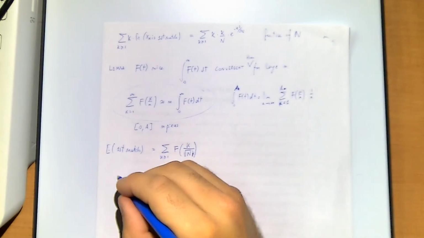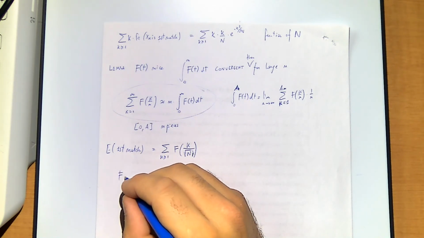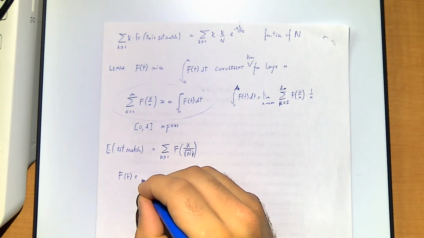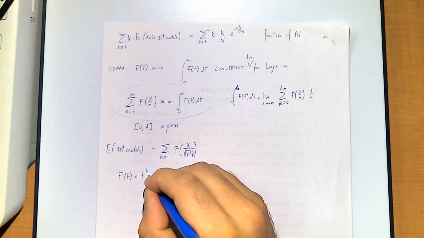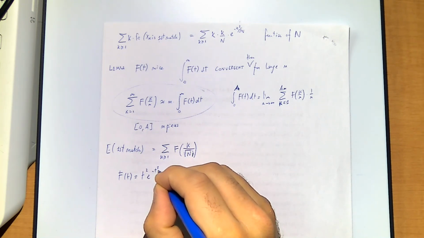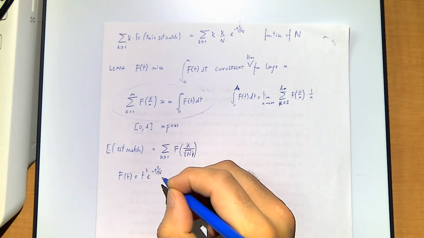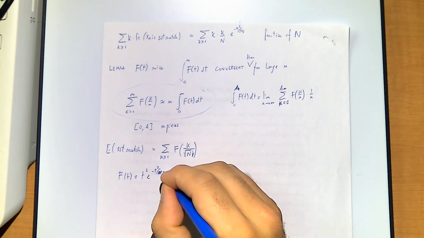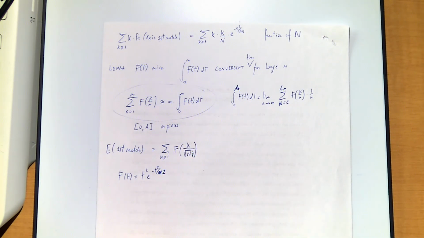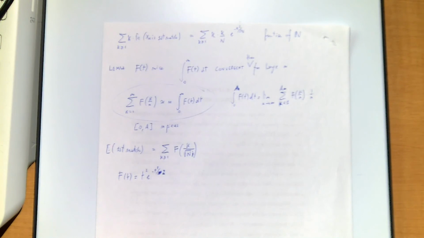If I call my f of t the function t squared e to the minus t squared over 2, check that I'm not making mistakes. I already told you, check that I'm not making mistakes, okay?